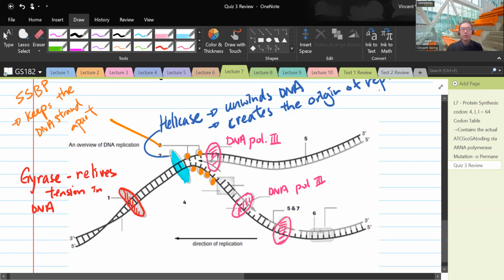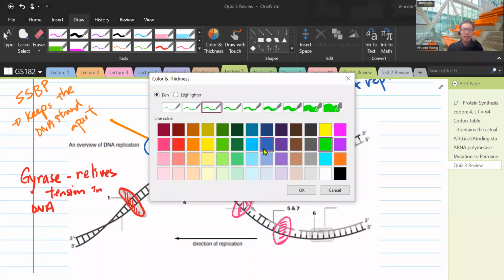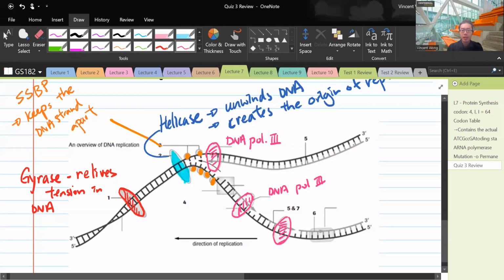Okay. So of course they can only replicate in the direction of 5 prime to 3 prime on the new strand, and they cannot initiate the process, right? They cannot start the process, which is why we are going to need to have these primers, right? So there's going to be an RNA primer here. There's going to be another RNA primer here, here, and here.